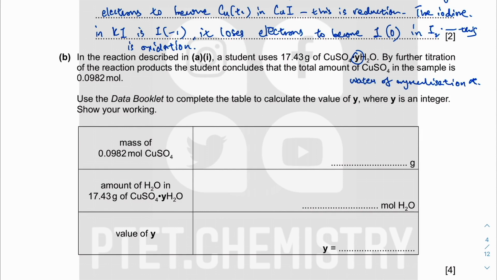Ideally you should have done this for your paper 3, because they can ask you anything related to your paper 3 in your paper 5, which is your planning paper, as well as anything involving experimental stuff in the theory paper.